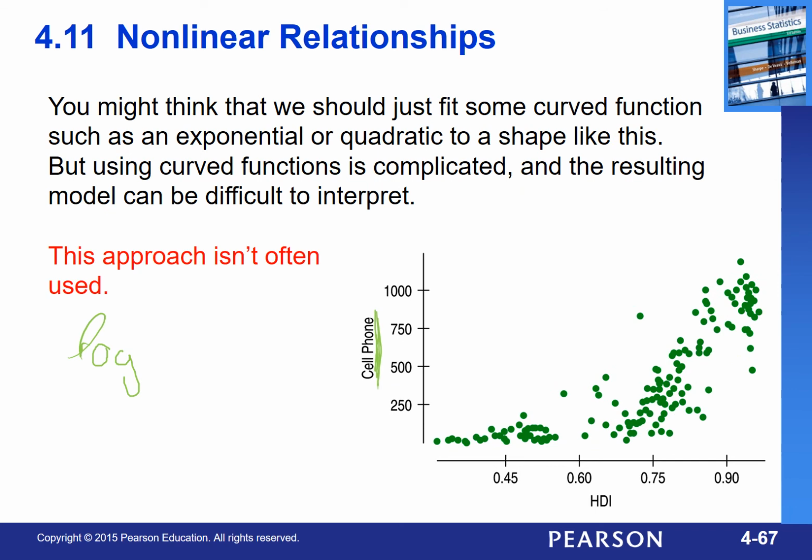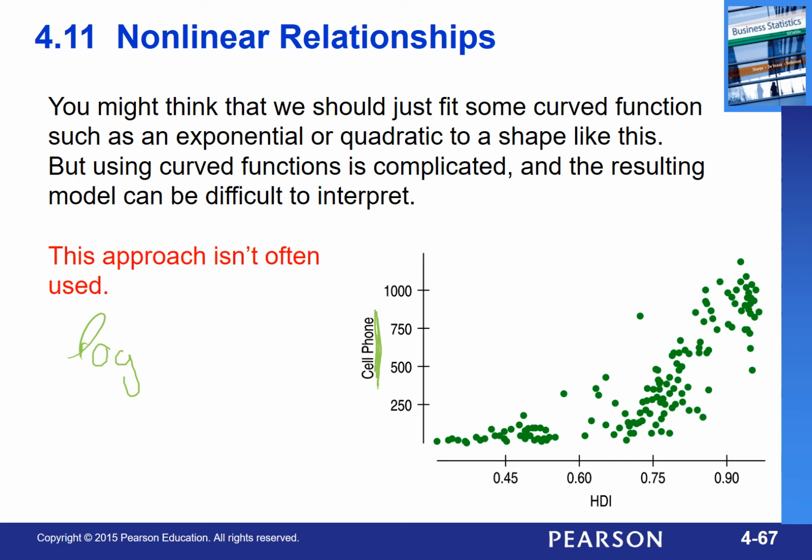As you look at this, you might think to yourself, oh no, this is exponential or quadratic in shape. What can I do? Well, one of the things you can do is take the response variable and do the opposite operation to it, so not an exponential, but a log, and then fit a linear model to it. This approach doesn't come up that often, but it does show up occasionally.